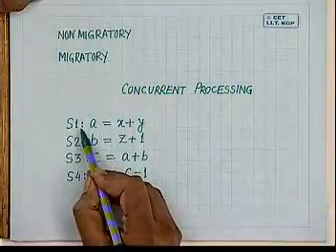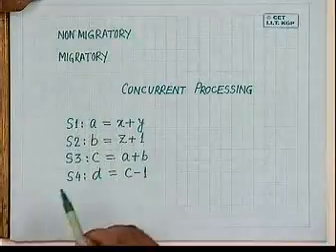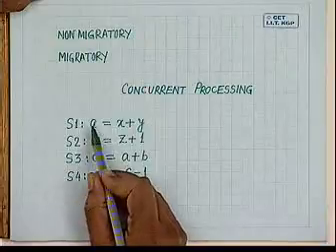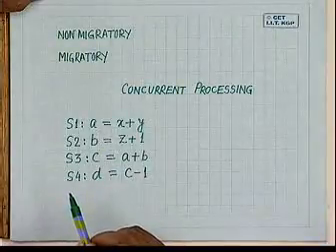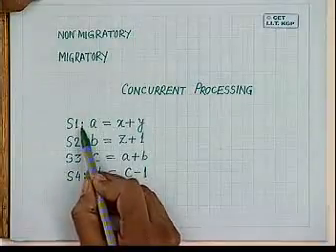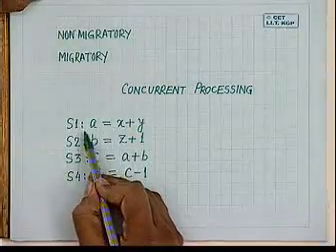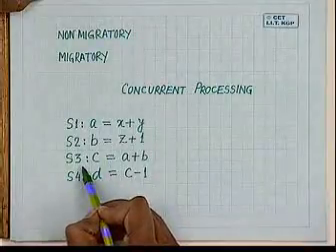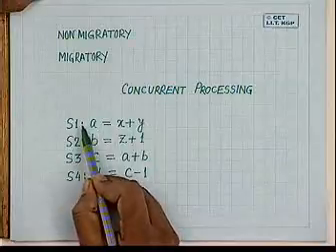Whereas for computation of S1, I don't have to wait for any statement. For computation of S2, I don't have to wait for completion of any other statement. So this says that S1 and S2, these two statements, can be executed concurrently. S3 cannot be computed concurrently with S1 and S2.